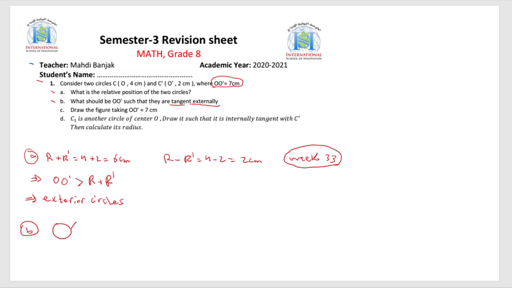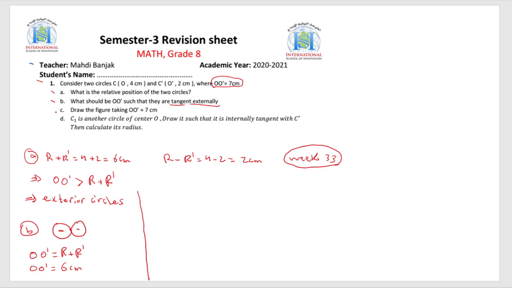This is what we mean by tangent externally, whatever the size of the circles, touching each other in one point. So OO prime must equal r plus r prime. So OO prime must equal 6 centimeters in order to be tangent externally.